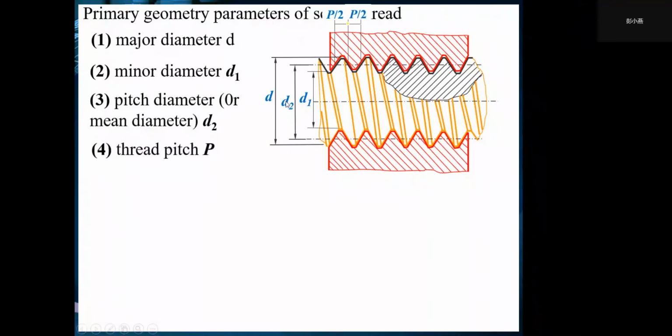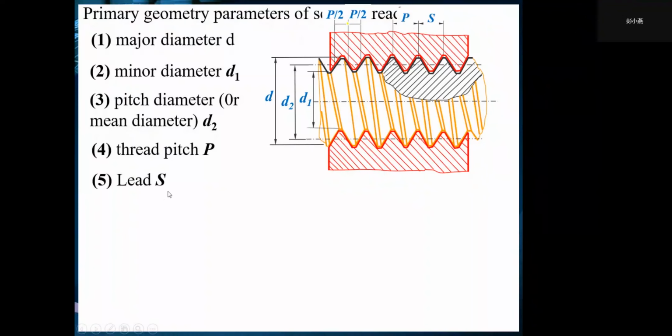Pitch diameter D2 is the diameter where the lengths of thread and groove are equal, and thread pitch P is the actual distance between corresponding points on adjacent threads.